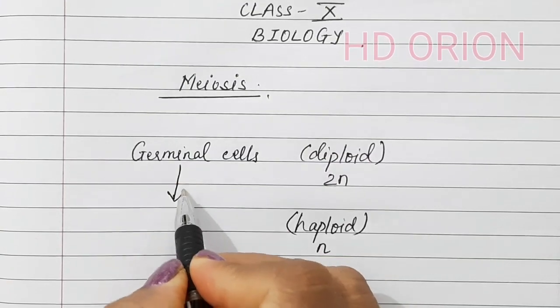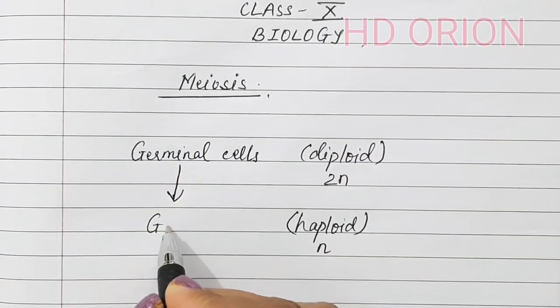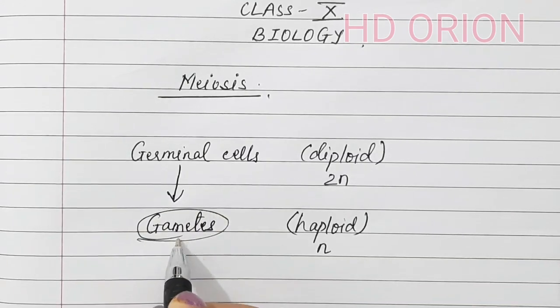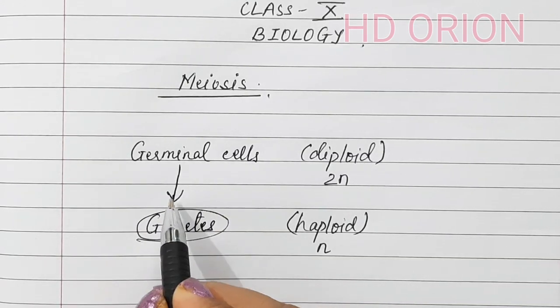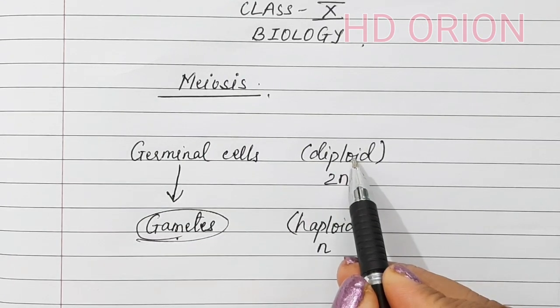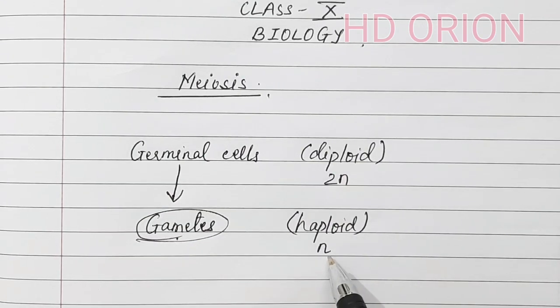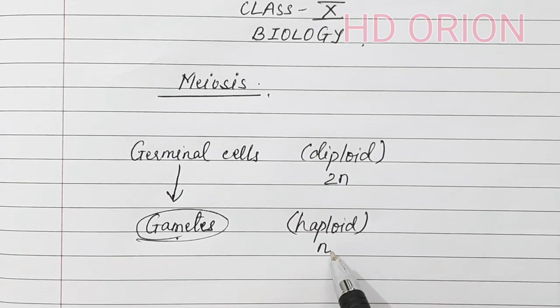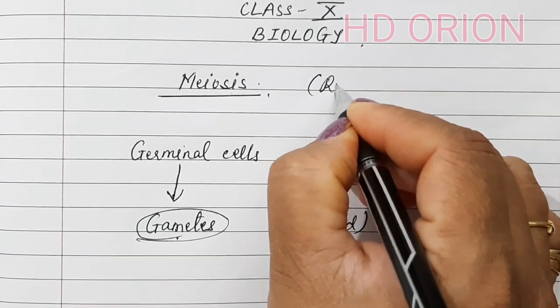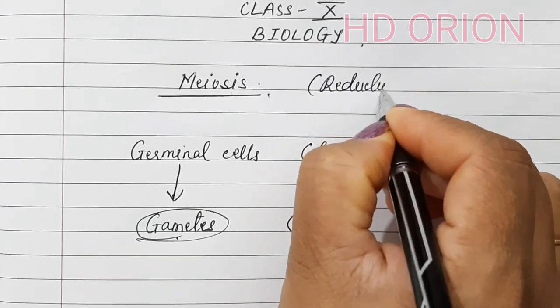The germinal cells undergo meiotic division to form gametes. These are the daughter cells which are formed after the meiotic cell division. So the diploid number of chromosomes is reduced to the haploid number of chromosomes. For this reason, meiosis is also known as reductional cell division.